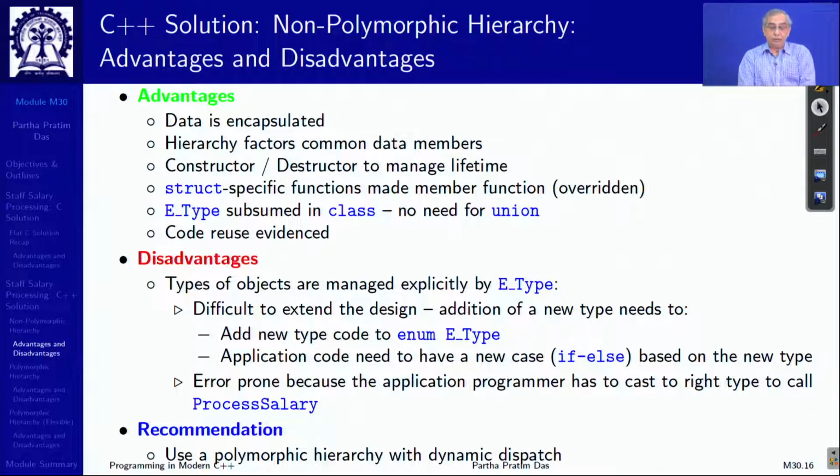Constructors and destructors manage lifetime, which is a clean solution in C++, we know. The struct specific functions that we had have been made into member functions. So, what is the big advantage in that? The big advantage is, earlier all these functions were having different names: salary processing engineer, salary processing manager, salary processing director.